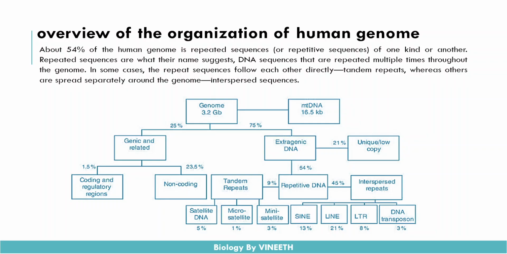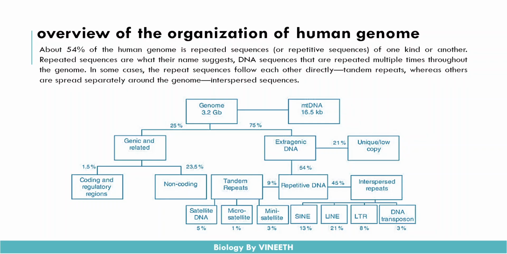The genic DNA contains the coding sequences and also the non-coding sequences. Coding sequences mainly involve the genes which code for enzymes or proteins, and non-coding DNA sequences are mainly involved in the transcription of RNAs: ribosomal RNAs, mRNAs, hnRNAs, tRNAs, microRNAs, small nuclear RNAs, and all these things.